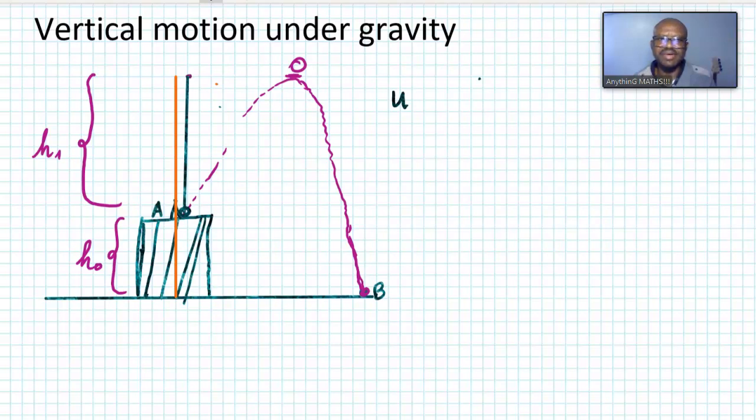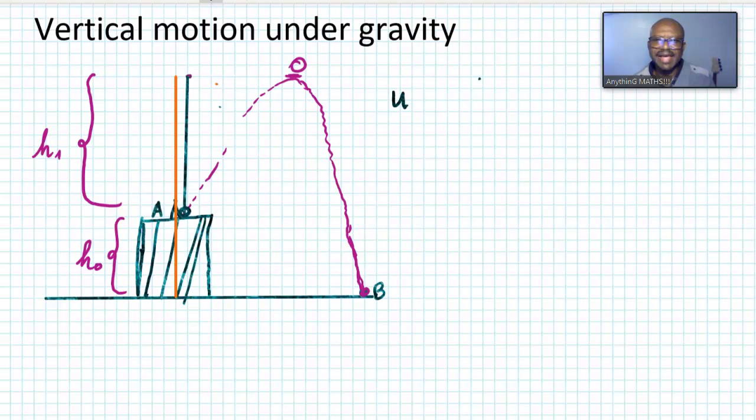How are we going to find that total time? From the equations that we derived, because we know the initial velocity, and we are looking at the movement in a vertical way, not the path of the object. That's why we are saying a vertical motion.